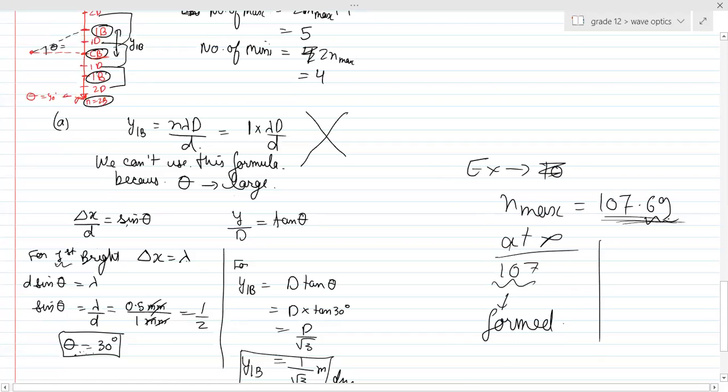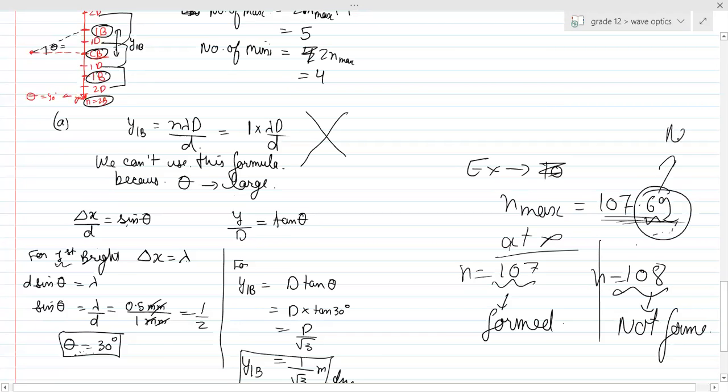What about the 108th, for n equals to 108? Did the 108th bright fringe or dark fringe form? It's not formed. So basically, whenever it is in decimal, neglect the decimal and only consider the integer. Is it clear?